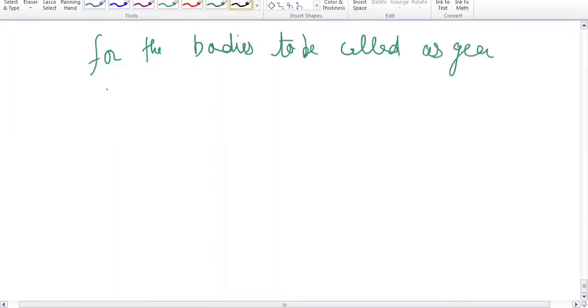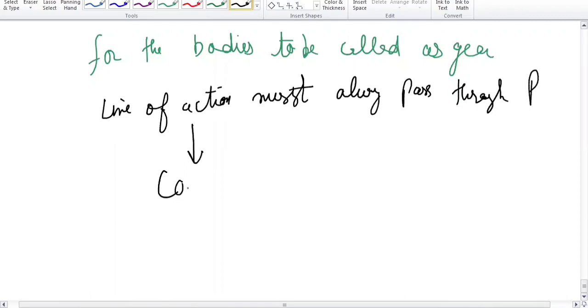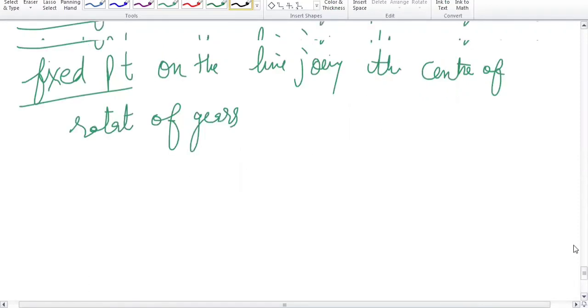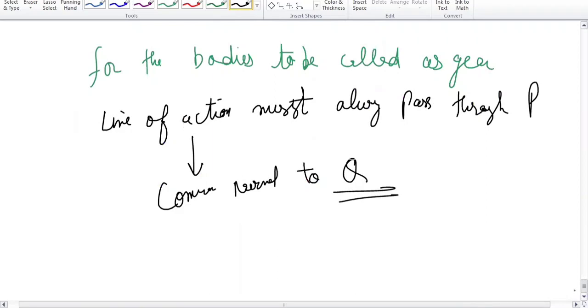The condition is that the line of action must, meaning 100%, always pass through the pitch point P. That is the first condition, and that line of action is the common normal to the Q point. So I am coming to my diagram. The pitch point is shifting over the Q point. Then and only then this thing could be possible. And this is the statement of gear.